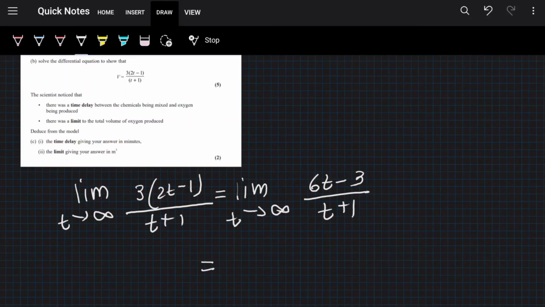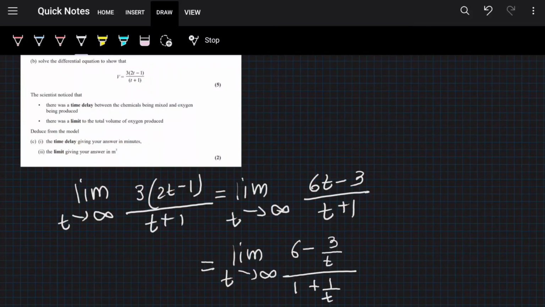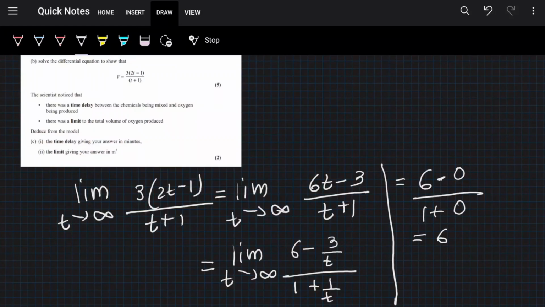So we divide everything by t, so we get the limit as t goes to infinity of 6 minus 3 over t, over 1 plus 1 over t. And now we send t to infinity, so as t goes to infinity, 3 over t goes to 0, same with 1 over t, so at the end we just get 6. So that means after a long period of time we get a volume of 6 meters cubed.